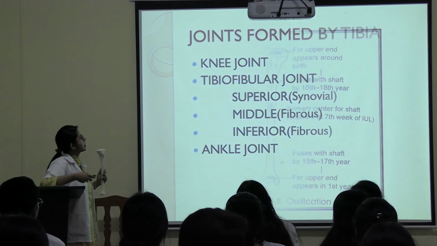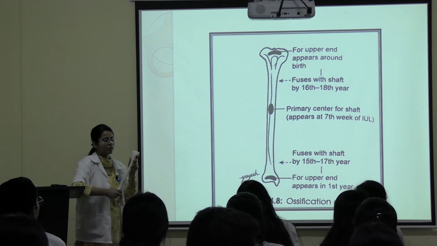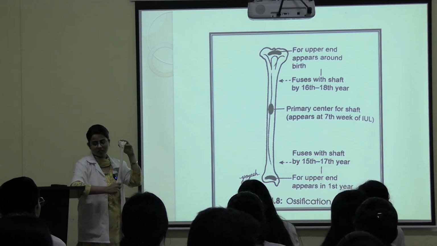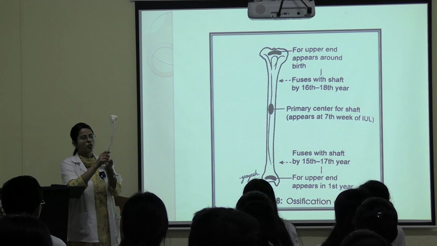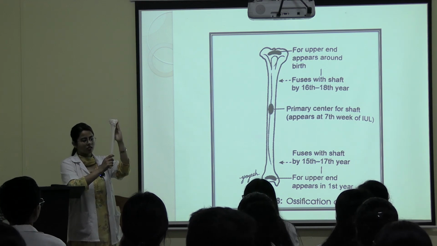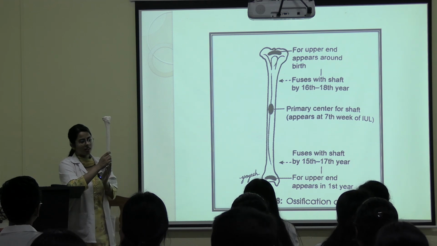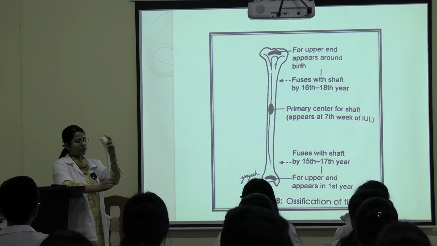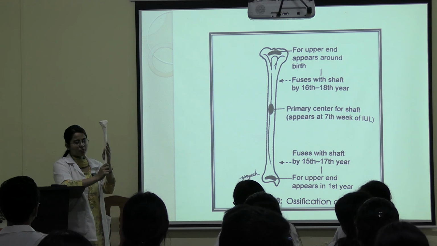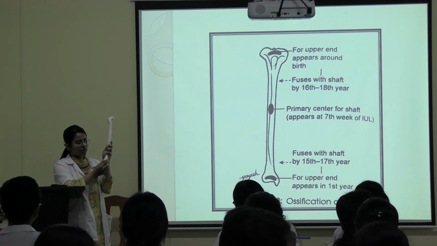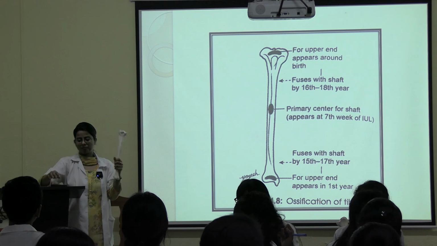Now you can tell me what are the joints formed by tibia? Yes, knee joint, ankle joint, and between fibula, superior, middle, and inferior tibiofibular joints. Okay.